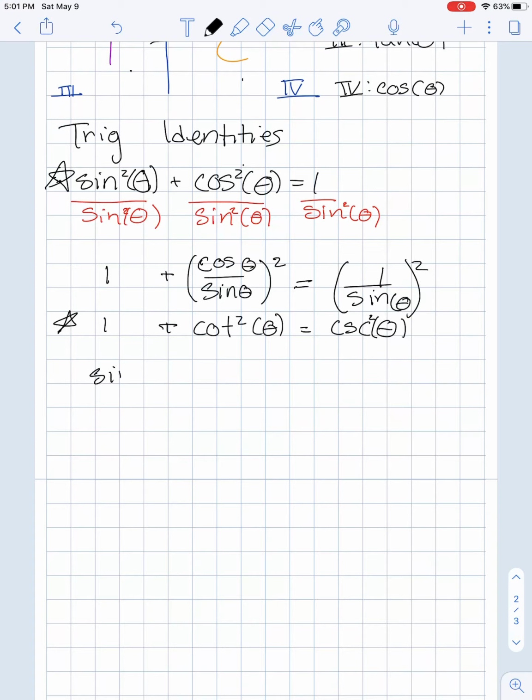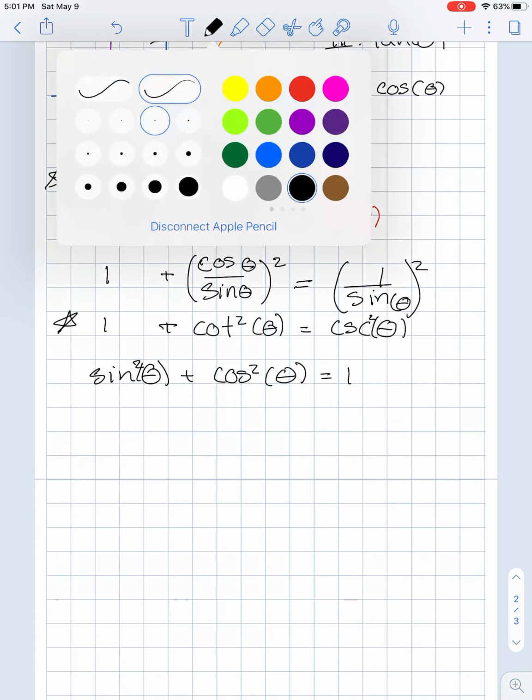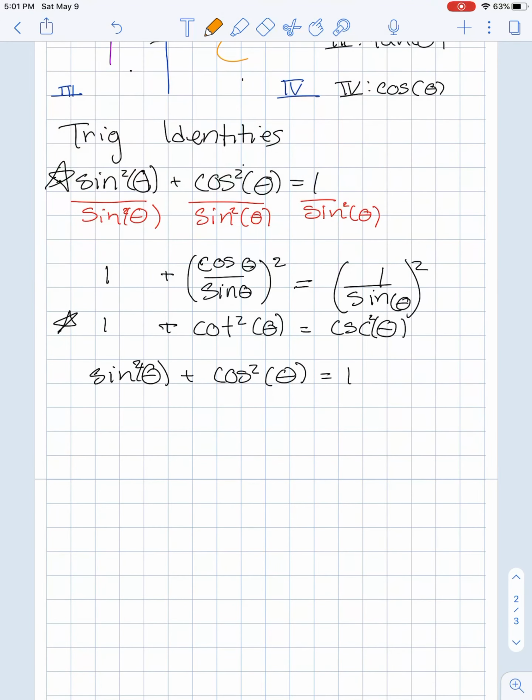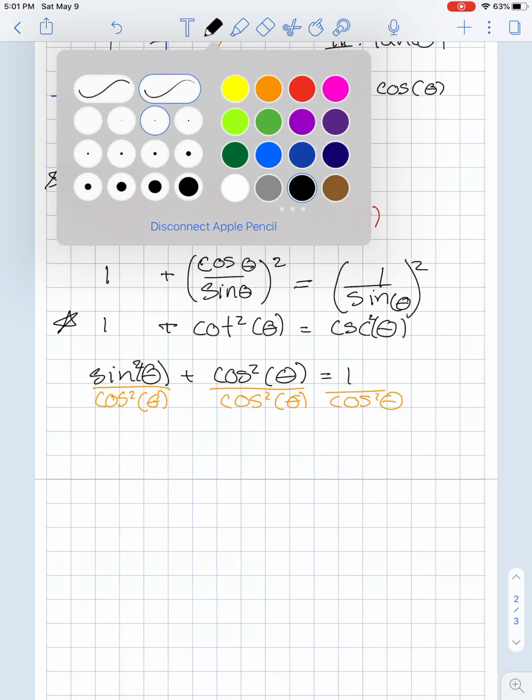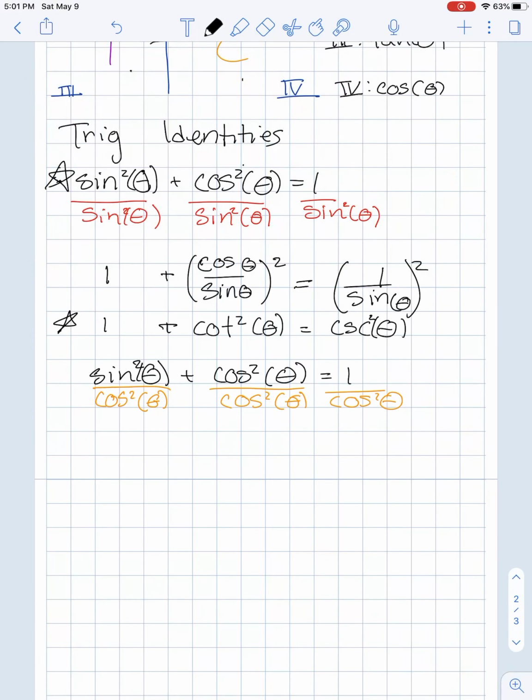If I take my top function, sine squared theta plus cosine squared theta equal to 1, and I now divide that by cosine squared theta, then we're going to get sine divided by cosine, that whole quantity squared, is going to give me tangent squared theta, plus anything over itself is 1.